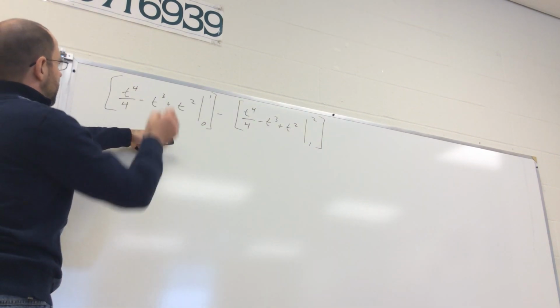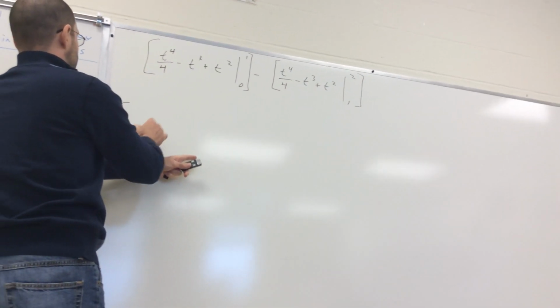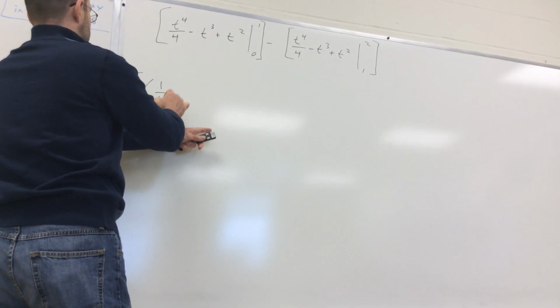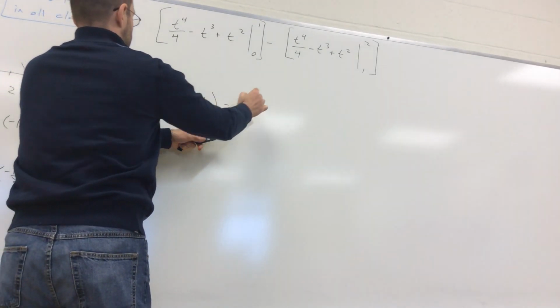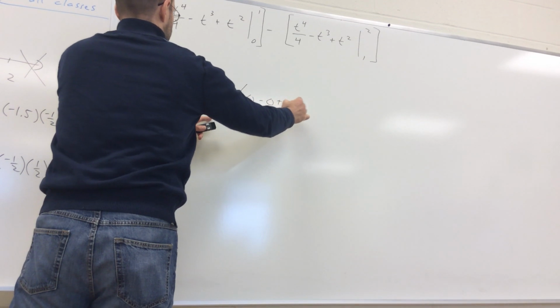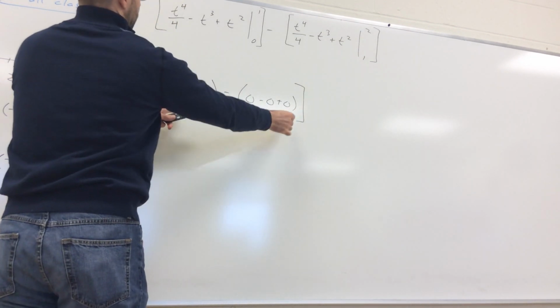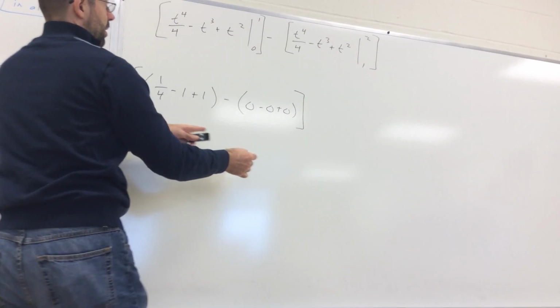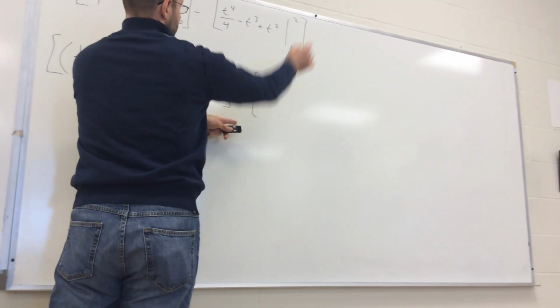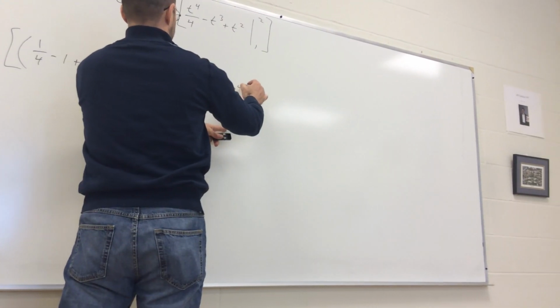So now I'm going to go ahead and plug in 1 and 0 and subtract. So this is that. Same thing here. I'm going to plug in 2 and 1 and subtract.